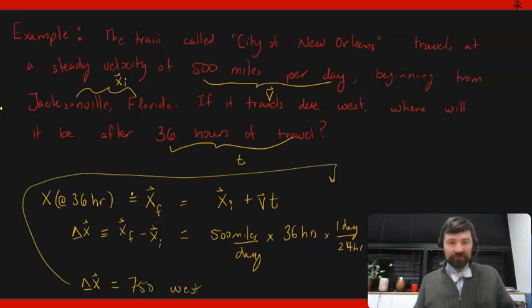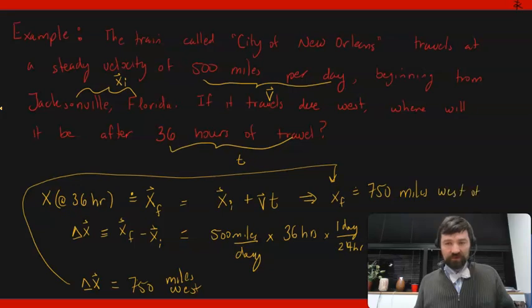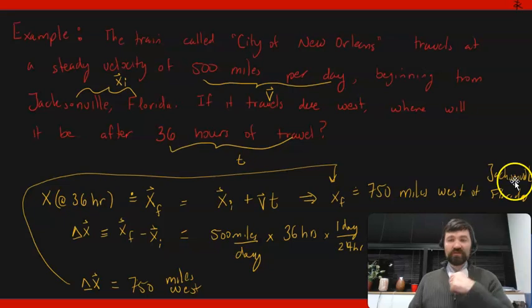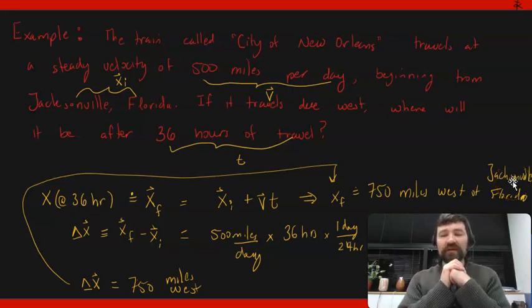Or if you prefer, the final position is 750 miles west of Jacksonville. And that is actually a complete answer, a complete final position. So that's how we do that kind of simple problem where you have a constant velocity.